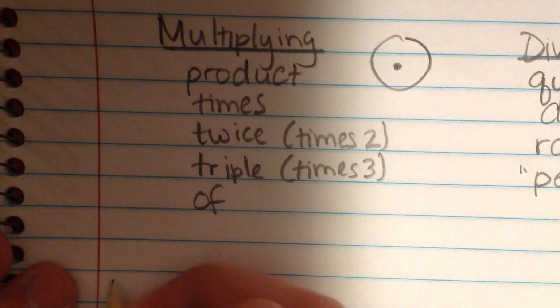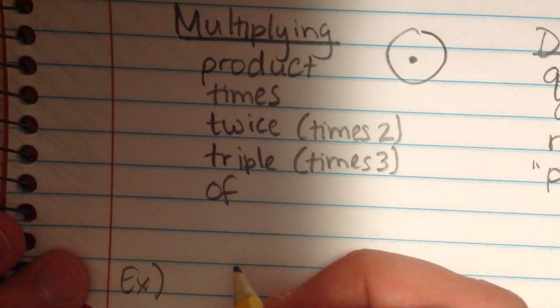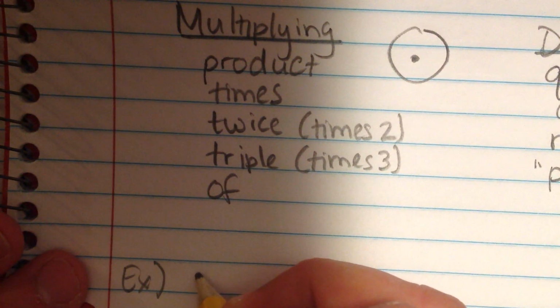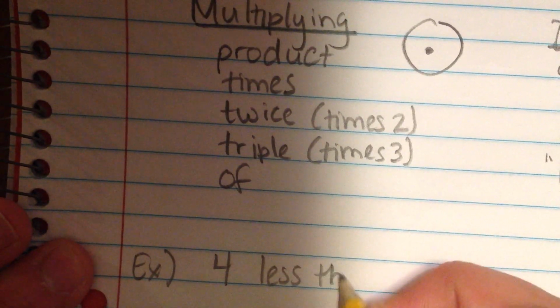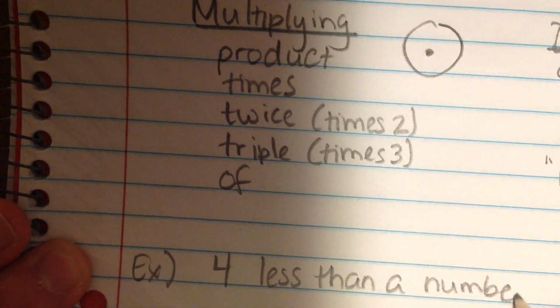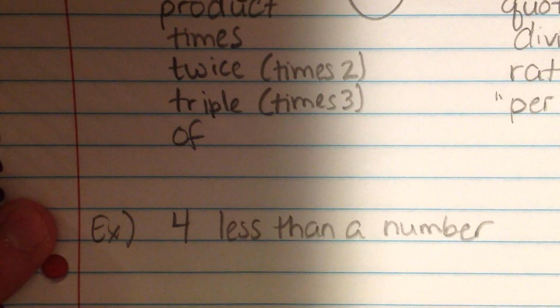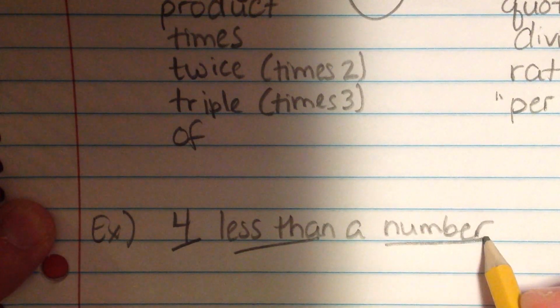So, example. If I have 4 less than a number. So the three parts I notice are 4, I notice less than, and I know a number.